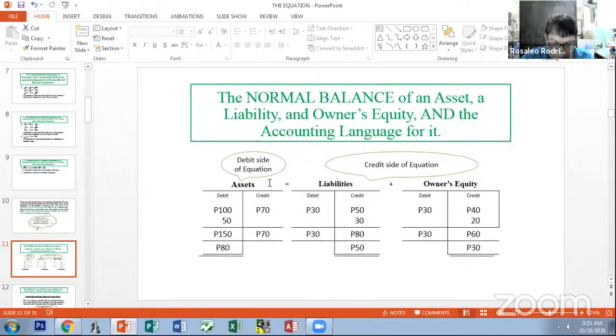With regards to assets, an increase is recognized as debit. A decrease is recognized as credit. And mathematically, we learned that if two variables have the same signs, like positive signs, the operation in mathematics is addition.